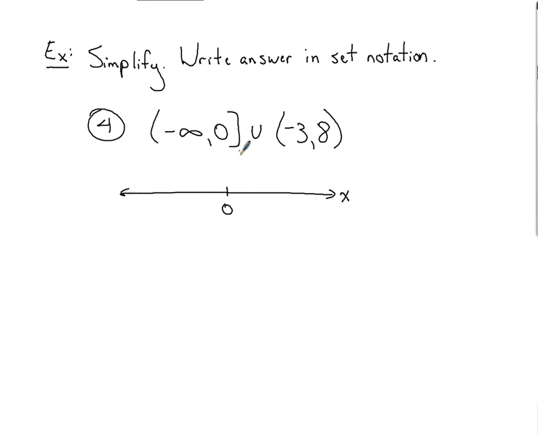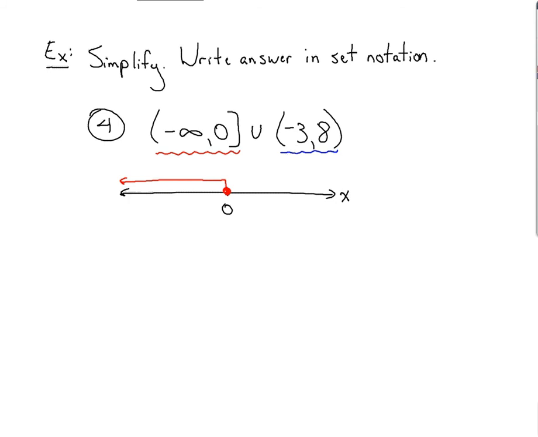I'm going to let my first interval here be in red. So if I map out in red negative infinity to 0 on this number line, well, here's 0, and apparently that's included, right? Here's everything up to that point. So what you see in red here corresponds to this, right? Now you've got negative 3 to 8. We'll make that the blue piece here.